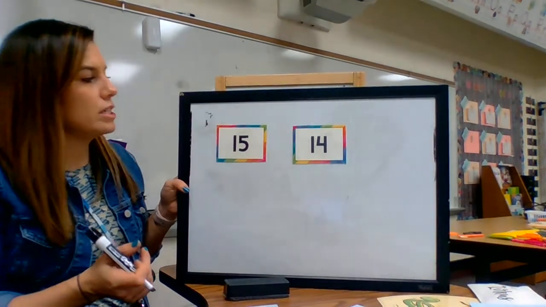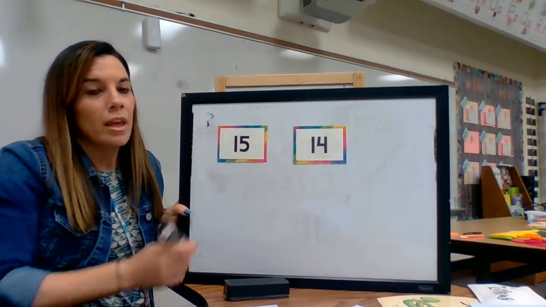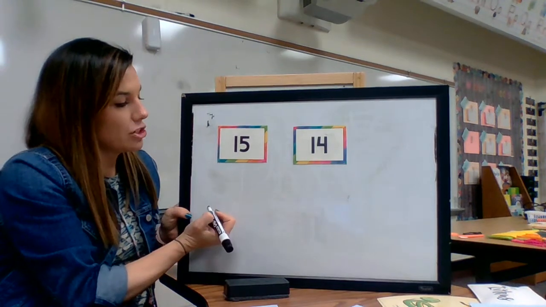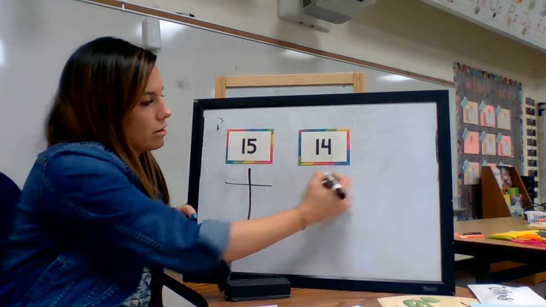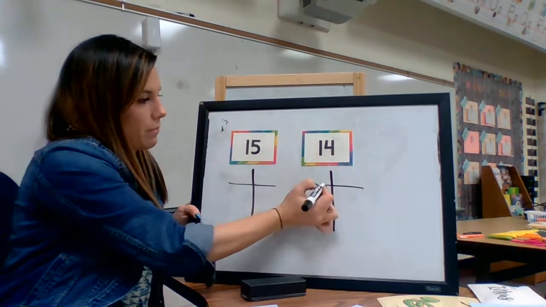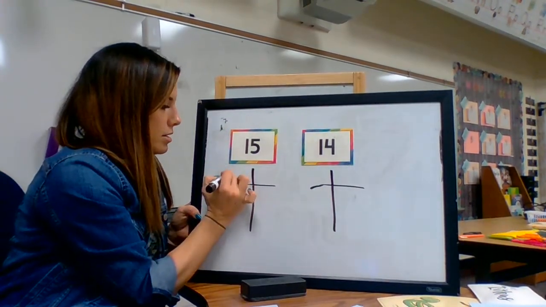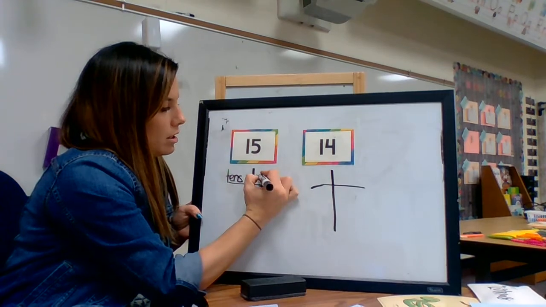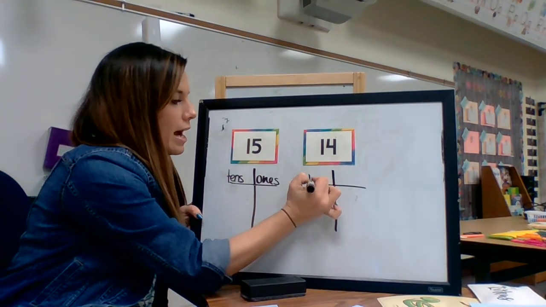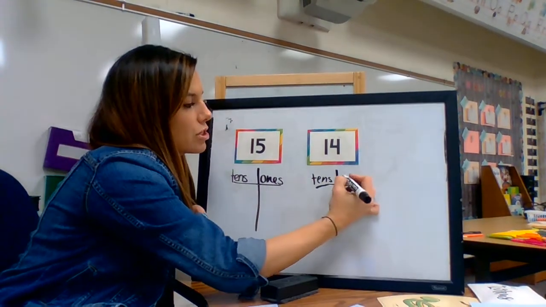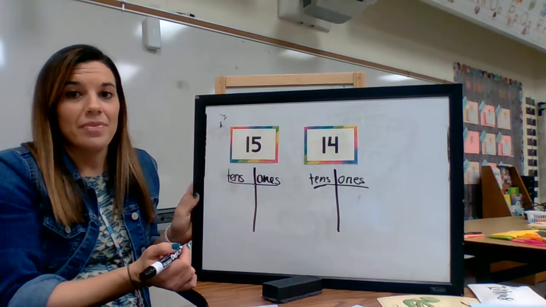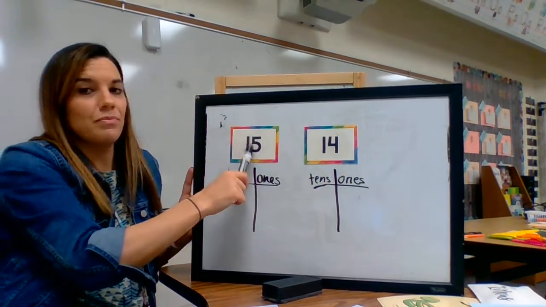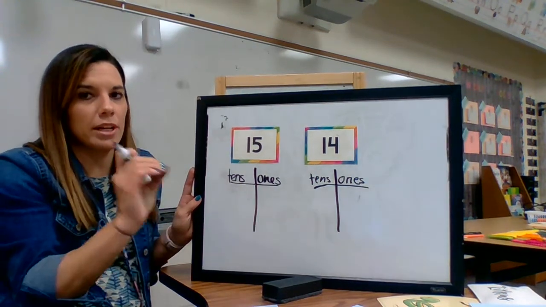So we have two teen numbers, right? 15 and 14. Each of them have a group of 10. So let me just make my tens chart, my place value chart. And I'll say tens and ones. I love using the place value chart because it really helps me to see the two-digit number and to break it up into the place value.